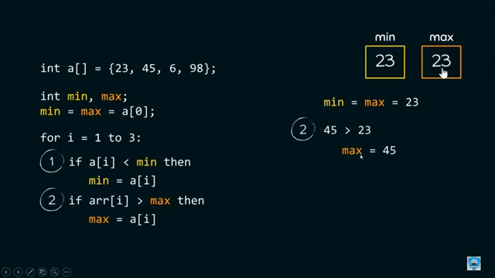Yes, this condition will be true, and this 45 will come to the maximum. So please observe, after this process, my maximum value has changed. During this comparison of 23 and 45, I get my maximum value, that is 45, and my minimum value is 23 as it is. We are moving ahead, my friends.